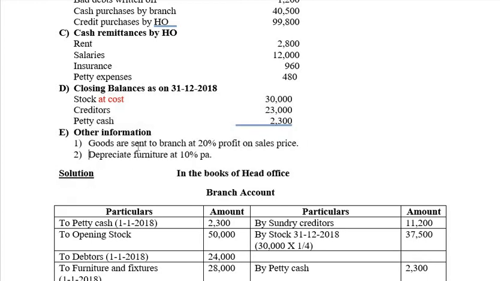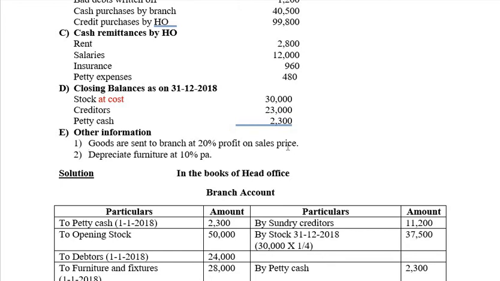Look over here. Goods are sent to branch at 20% profit on sales. Now 20% profit on sales means, suppose the invoice price is 100, then cost is 80 and loading will be 20.